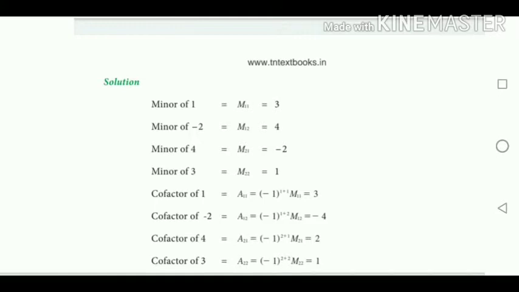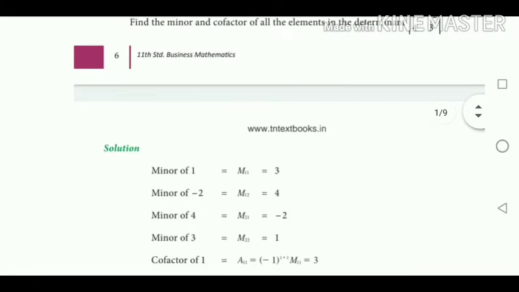Plus 1 into 3 is 3. So m11 is the answer we found already. We find the minor first, then we find the cofactor of the matrix.